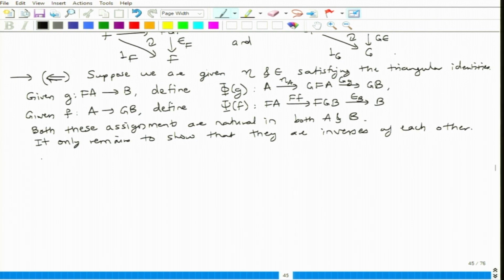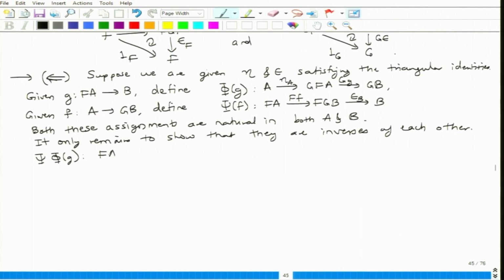So we have to talk about psi of phi of g. Where will it start? You are already given one morphism and you are supposed to apply F. So take phi g and apply F on each of the components.